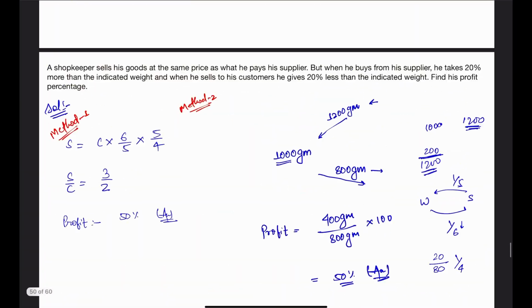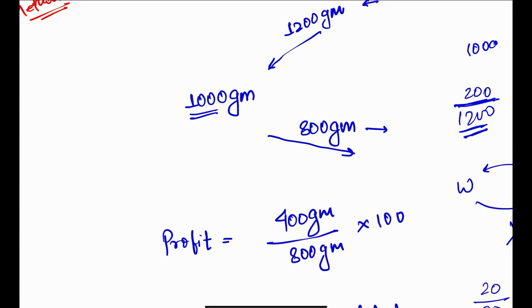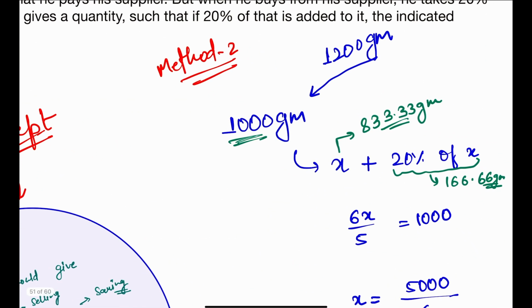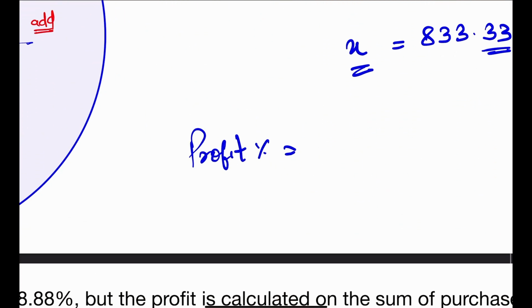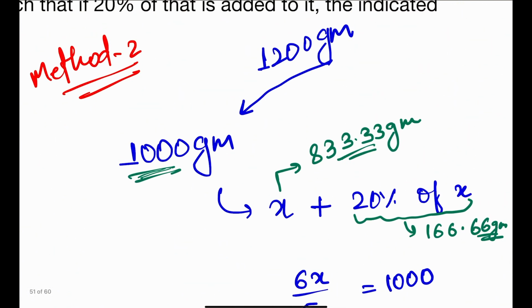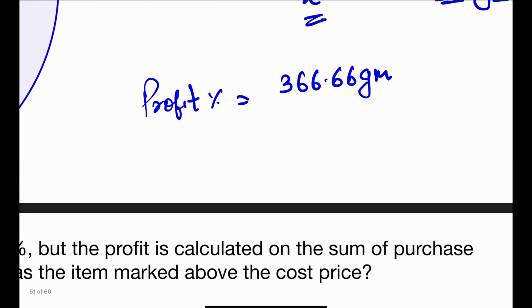From earlier how I did, from 1000 gram I am selling only 800 gram, so my profit is 1200 gram minus 800 gram. So here also 1200 gram minus 833 gram. So if I take 900, so 300, and then 100 minus 33, so 66, so it will become 366.66 gram. And when I am getting this, when I am selling 833.33 gram, so divided by 833.33 gram.